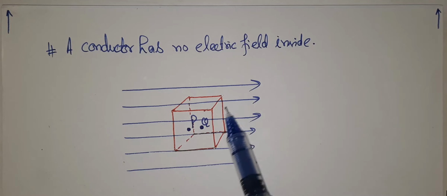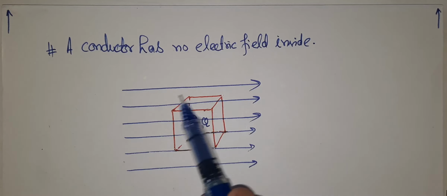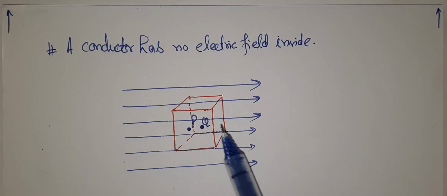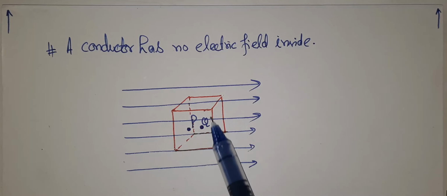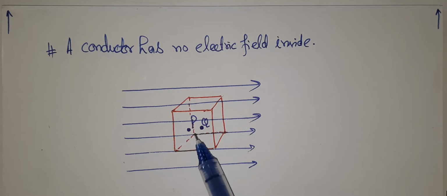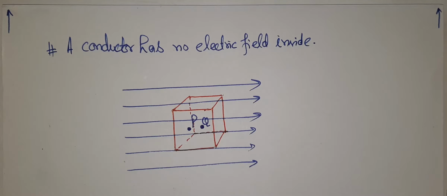Before placing this conducting body, these points were having influence of electric field. जब ये body यहाँ पे नहीं रखा था, जब ये box यहाँ पे नहीं रखा था, okay. Now what I have done, मैंने एक box made of conducting material यहाँ पे place किया, okay. As many points will be existing inside the conducting box, electric field intensity at those all points will be going 0, okay.